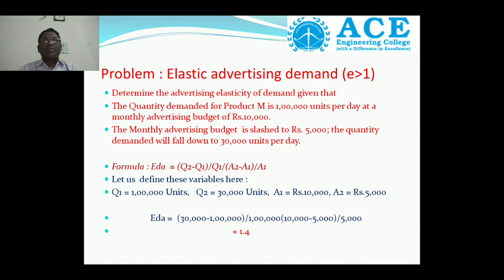What are they? Quantity demanded and monthly advertising budget. On that basis we apply the formula, Q2 minus Q1 by Q1, A2 minus A1 by A1. Then what is the value? The value is plus 1.4. That means when the advertising expenditure increases, the sales of the particular product also increase.